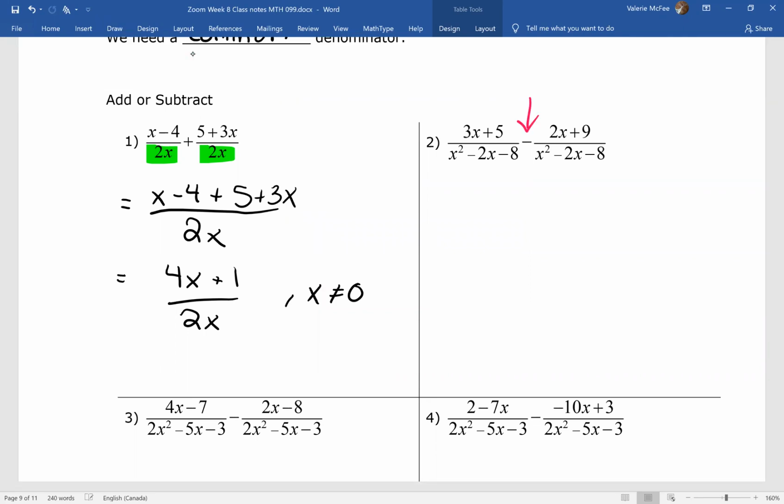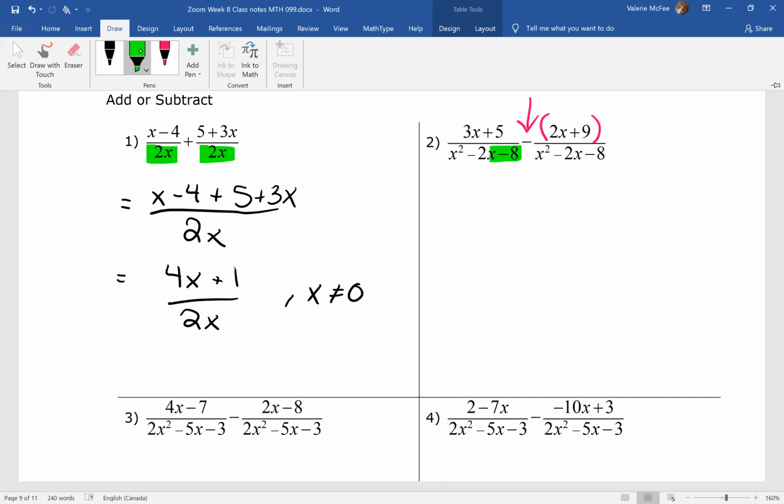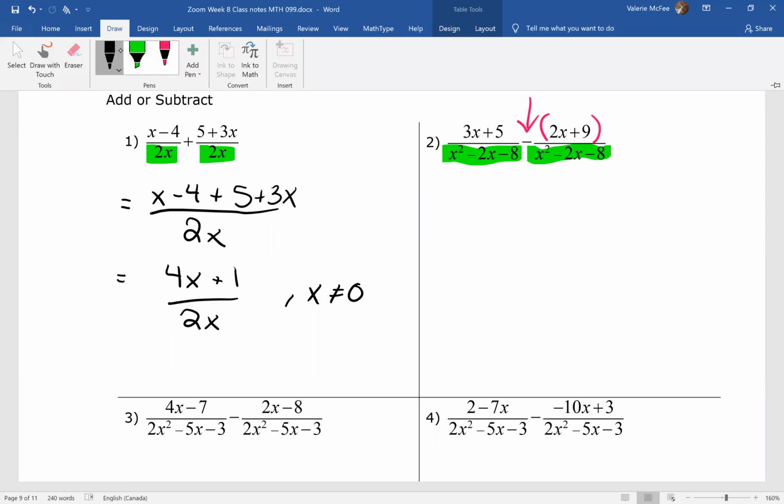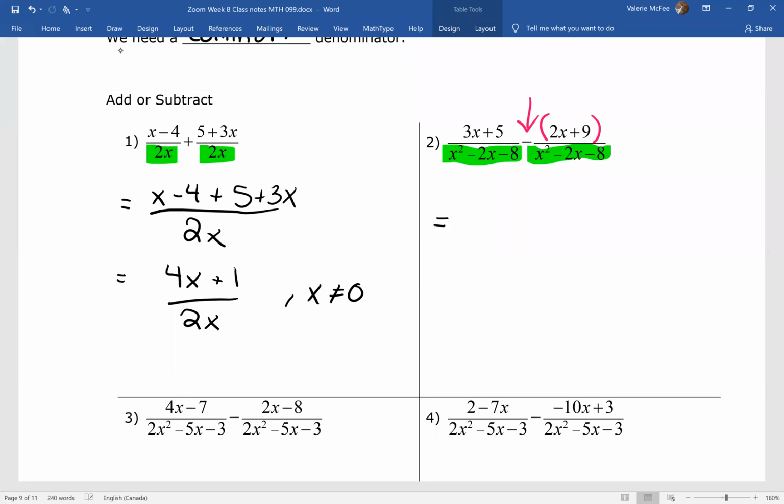In question 2, we are subtracting, and we have a binomial here. That means we're subtracting all of the second expression. We still have common denominators. So we're going to keep the denominator, and we're going to subtract all of the second expression.